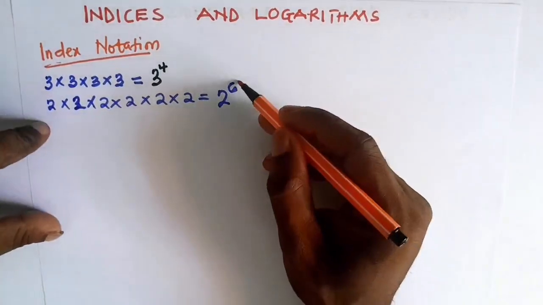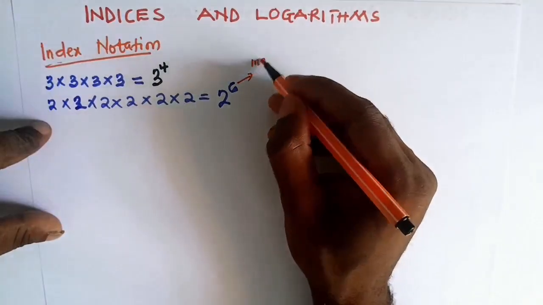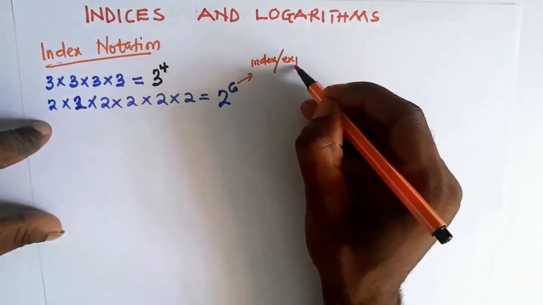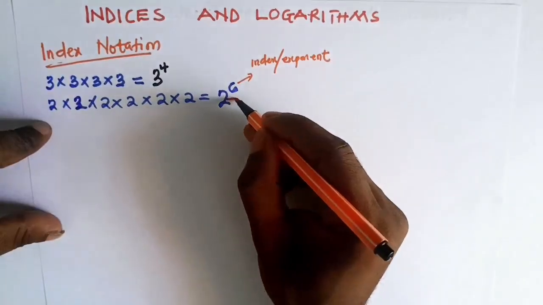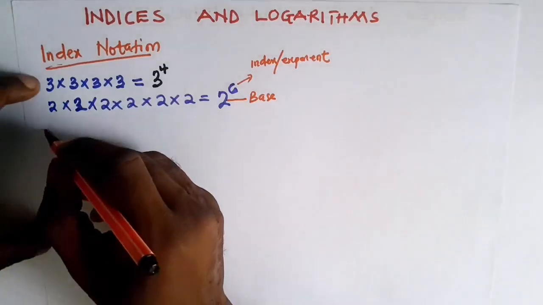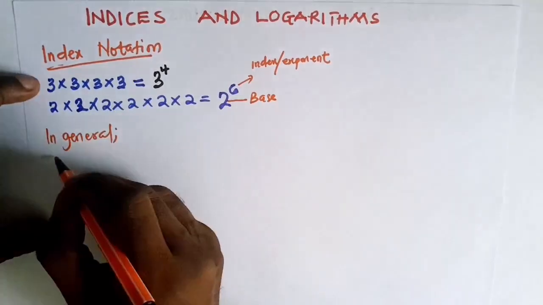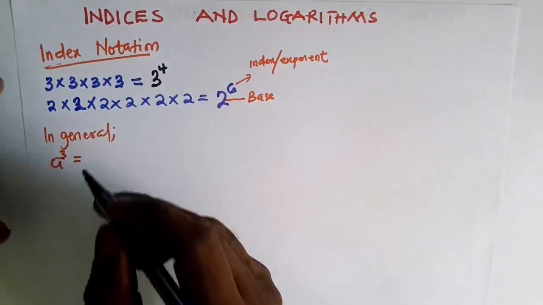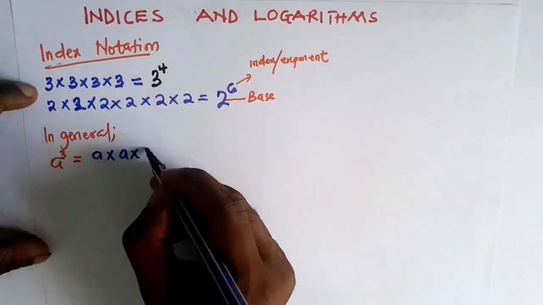Note that this is referred to as the index, or sometimes you call it the exponent, and the 2 is also referred to as the base. We can say that in general, a power 3 is equal to a by a by a.